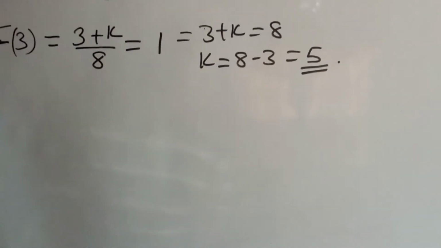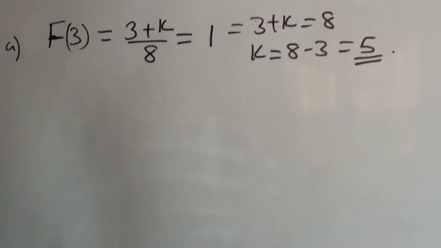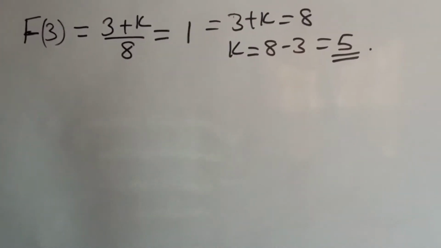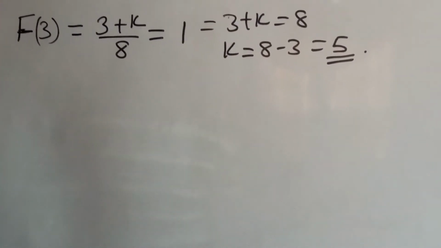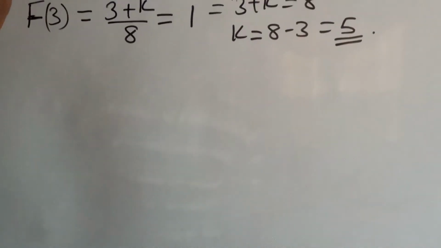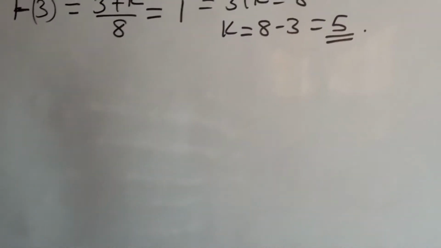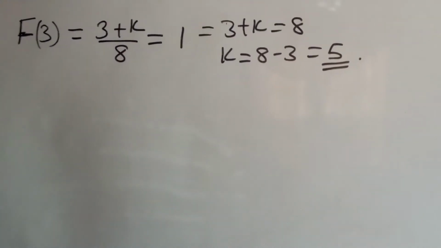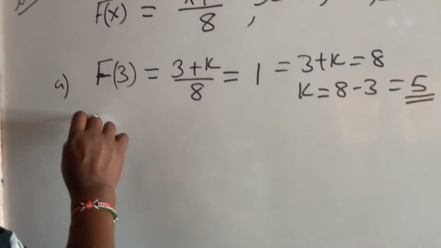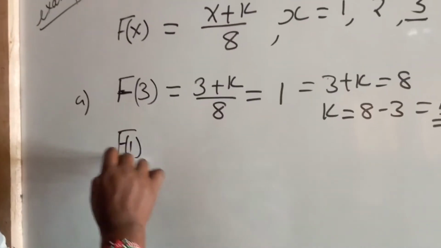Of course, having said that, we must now get the table up. We are supposed to draw the distribution table for the cumulative distribution function. We have to have F(1) in the table.